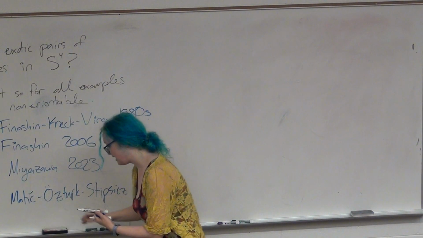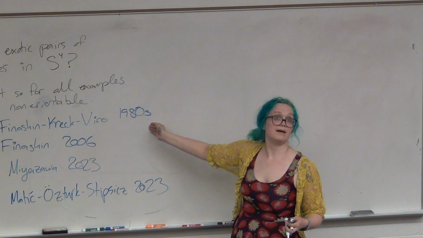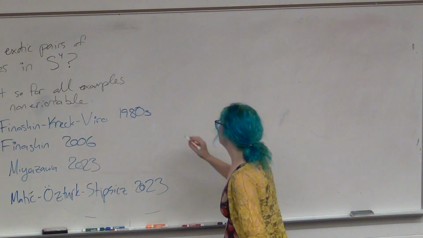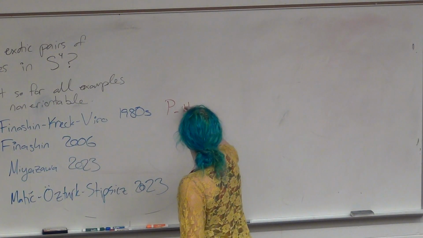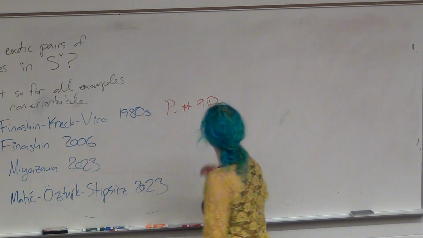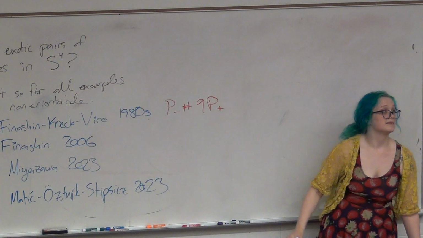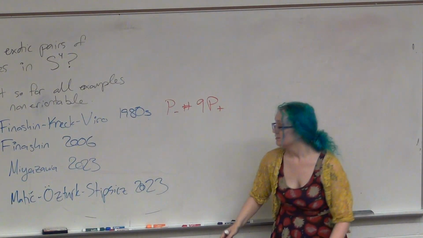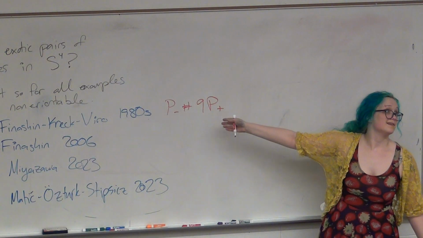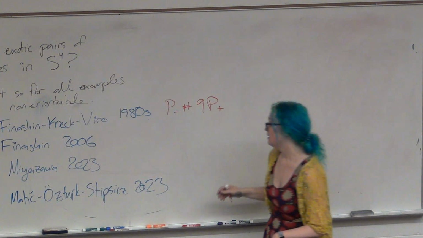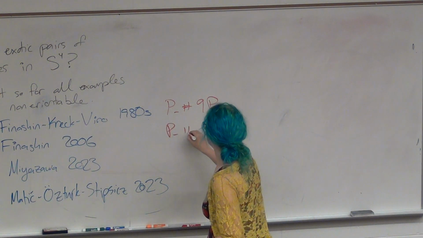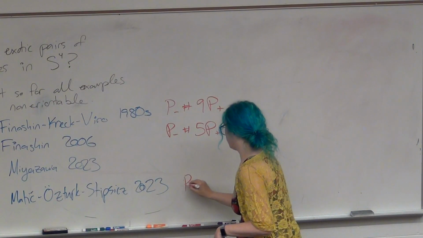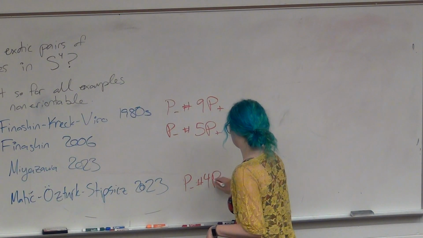In this k equals 10 case, the unknot that they're topologically isotopic to is P minus connect sum 9 P plus. So remember, an unknot is a connect sum of some P minus and some positive projective planes. So this is an unknot. It's one of the valid unknots of cross-cap number 10. And for k equals 6, it was P minus connect sum 5 P plus. And for k equals 5, it was P minus connect sum 4 P plus.